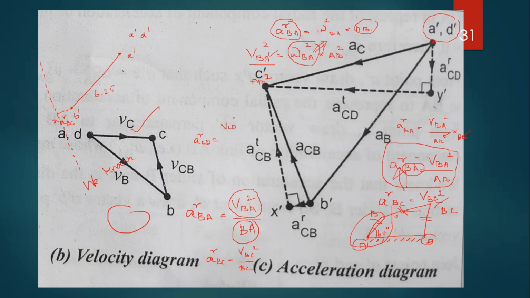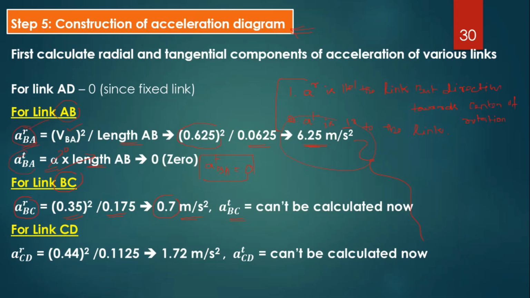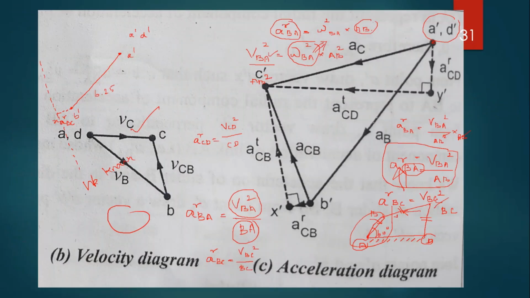Velocity of CD squared divided by the length of the link CD, right? So we already calculated the radial component of acceleration of CD, which is 1.72 meter per second squared, and the tangential component we can calculate, right?